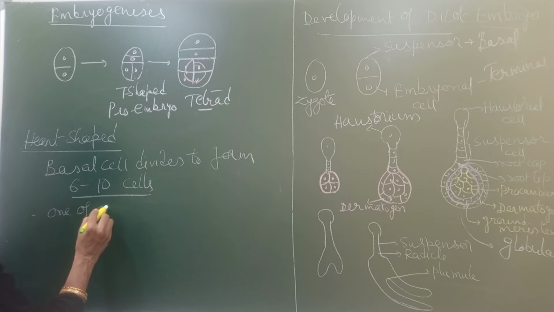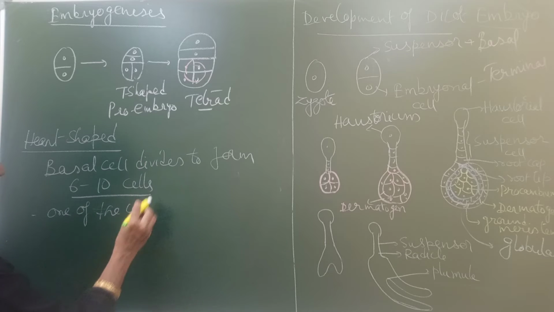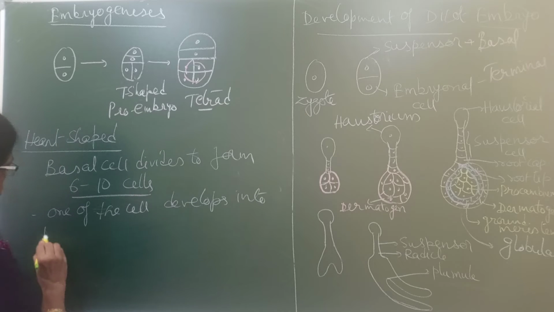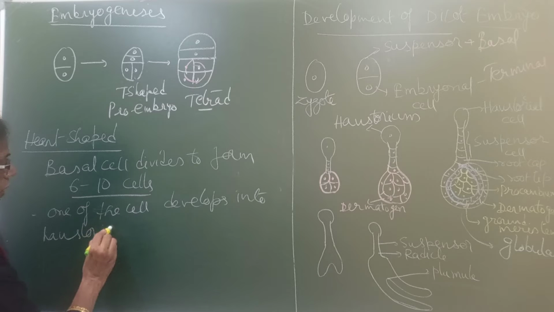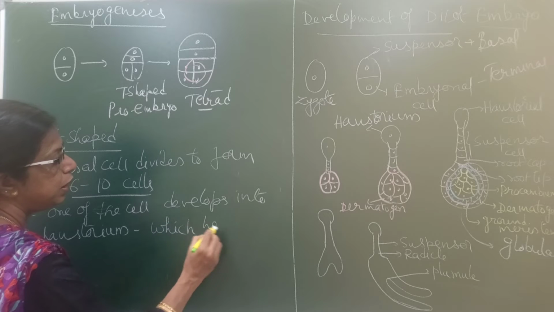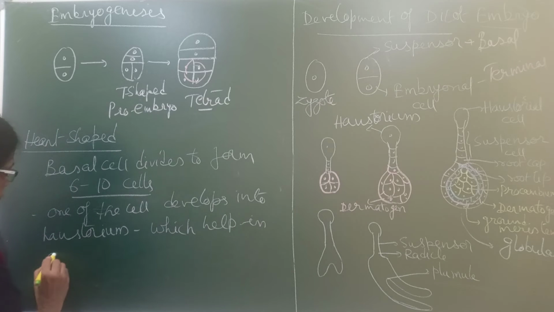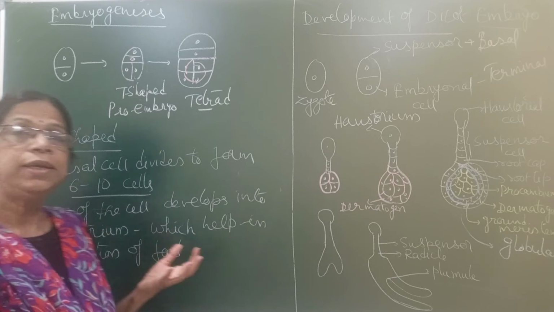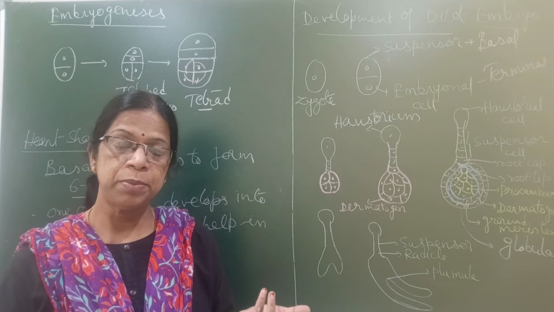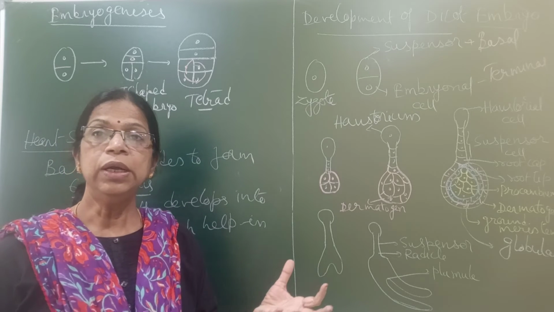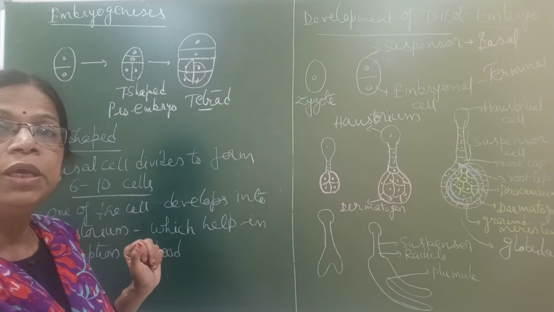One of the cells develops into haustorium, which helps in absorption of food material. From where does it absorb food material? From the surrounding endosperm. The endosperm is already formed, and this embryo is placed in the endosperm. So it will absorb food material from the endosperm.